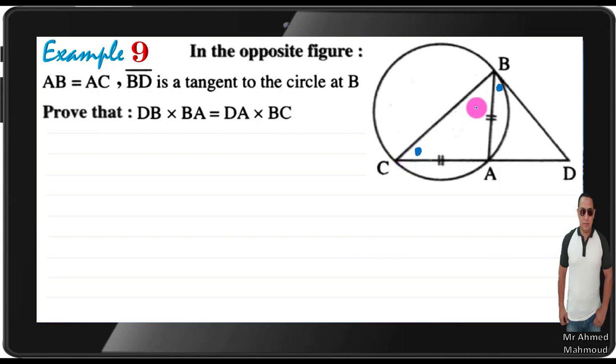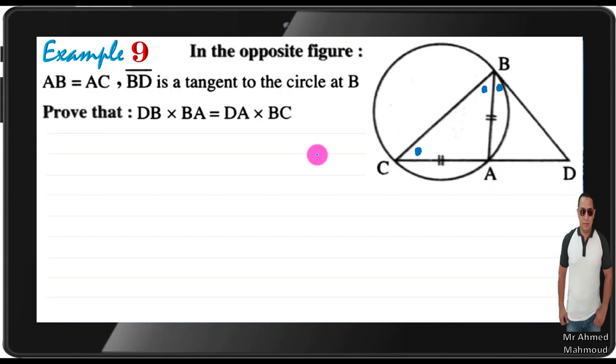Okay, so angle DBA equals angle C. And this triangle ABC is an isosceles triangle, so angle C equals angle B. So by looking at this, we find that BA is a bisector for angle DBC.